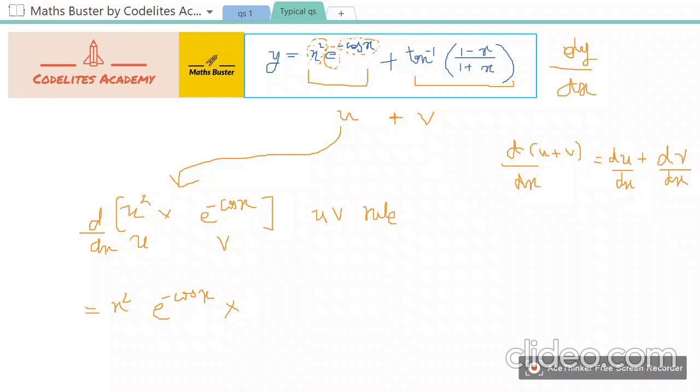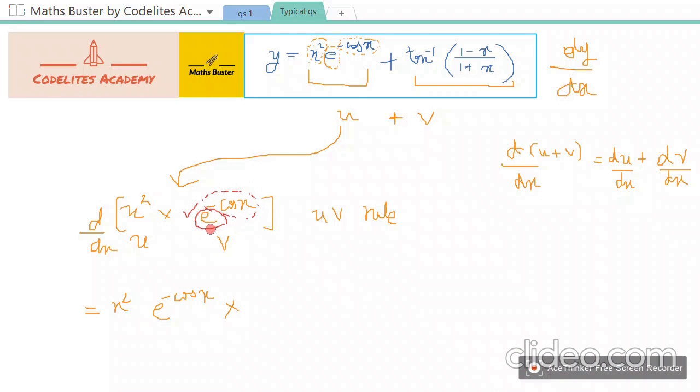Now we will ask which function is getting applied on which one. So is exponential getting applied on minus cos x, or minus cos x on exponential? Yes, the exponential function is the final result. The exponential nature is getting applied on this minus cos x.